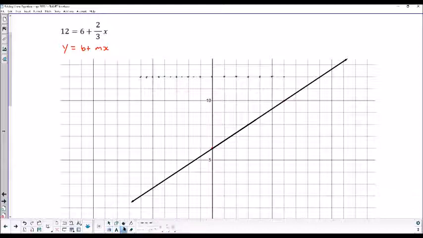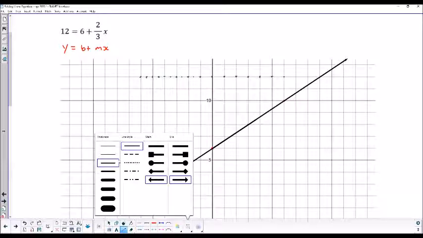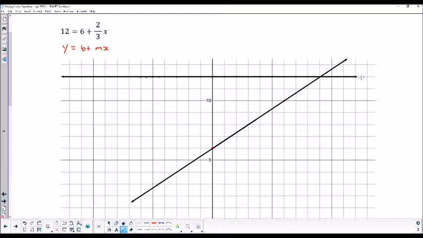So basically, here's the equation, y equals 12, and it's just a horizontal line that goes through y equals 12.